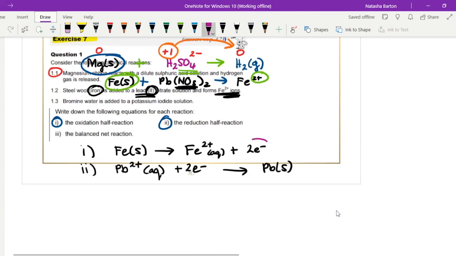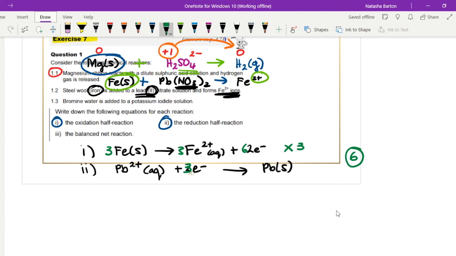Over here, again, our electrons are balanced. Let's pretend that they were not balanced, just so that I can remind you of how this happens. If the top was 2 and the bottom was 3, we would start off by finding a number that both 2 and 3 can fit into. We'd multiply the top by 3 and then end up with 6.